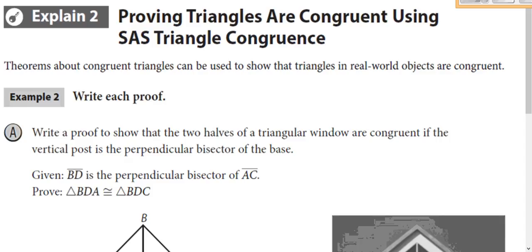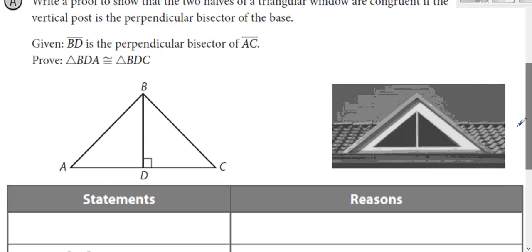So now we're going to write a proof using side angle side. This actually comes from a real life problem, the triangle from a house window. So we know that BD is the perpendicular bisector of AC.